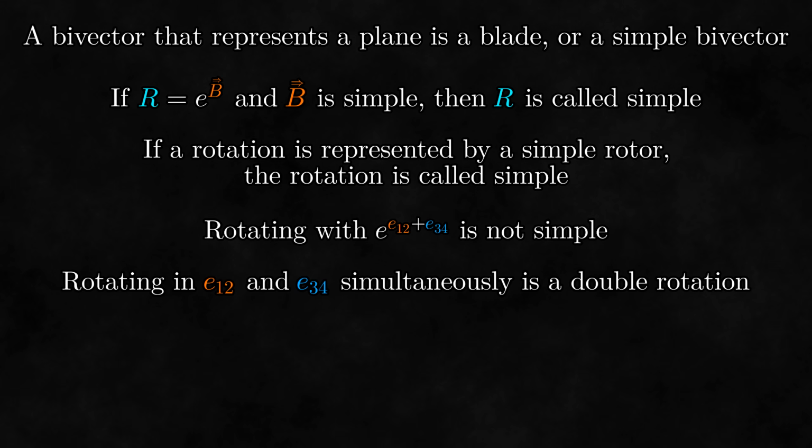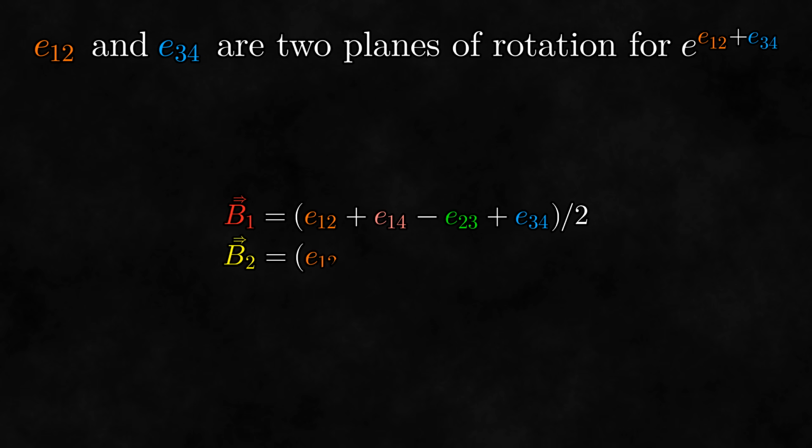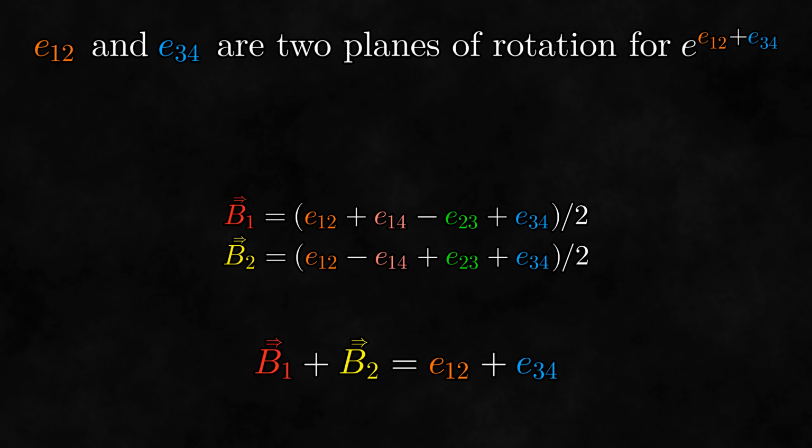It turns out that the rotation generated by E12 plus E34 has another oddity as well. While we saw that E12 and E34 can be considered to be the two planes of rotation for this rotation, there are actually other pairs of bivectors that generate this rotation too. For example, the bivectors (E12 plus E14 minus E23 plus E34) over 2 and (E12 minus E14 plus E23 plus E34) over 2 are simple and completely perpendicular, but their sum is equal to E12 plus E34.